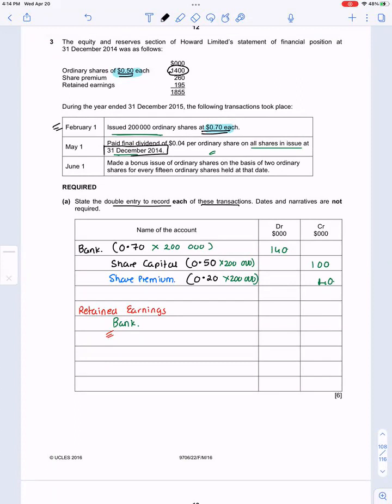So first find out the number of shares. Capital divided by face value. That is 2,800 number of shares.